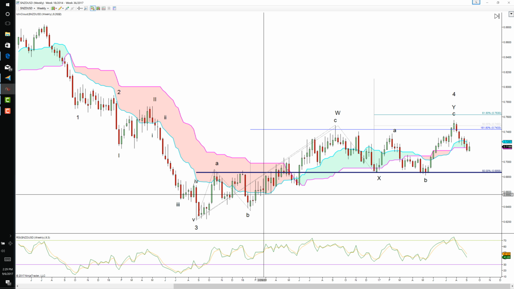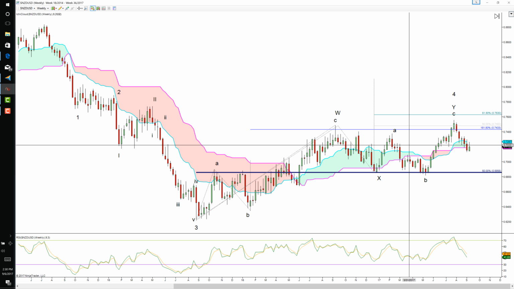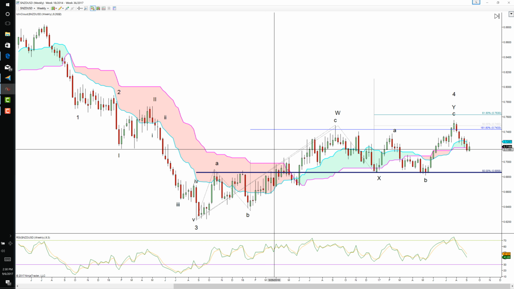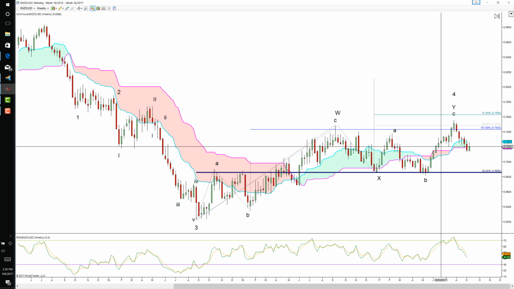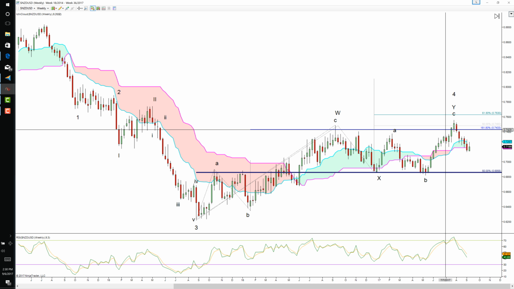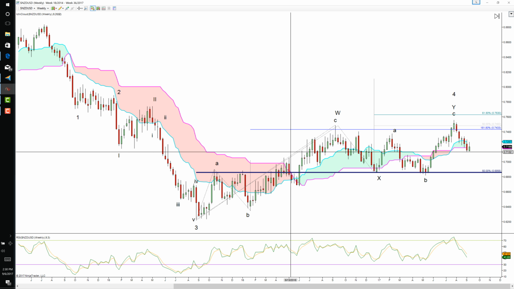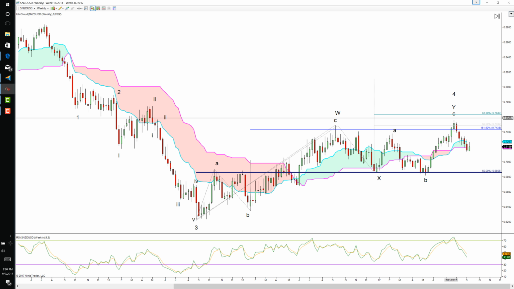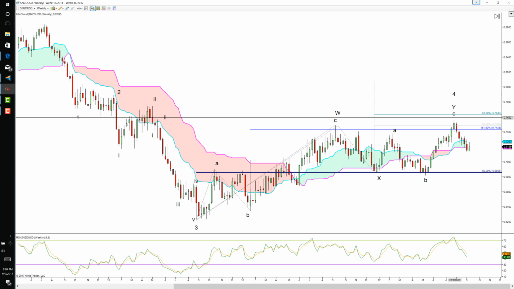So when it comes to measuring wave W and equality of Y, being that wave W was a relatively large W, you already will know that wave Y probably won't be 100% equality of W. Most likely, when you see that wave C extended by 1.618, then you know that the Y will probably end roughly at 0.618 or a little bit lower.